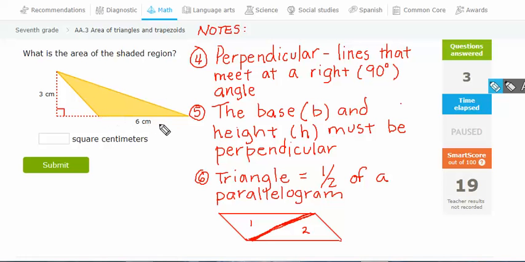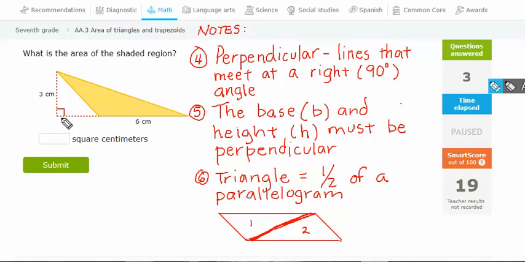And if you multiplied half times 3.5 times 6, then the area would be incorrect. So long story short, when you measure the base and height of a triangle, you must take the base and height in a perpendicular fashion. It has to be straight up and down when you measure the height and the base.